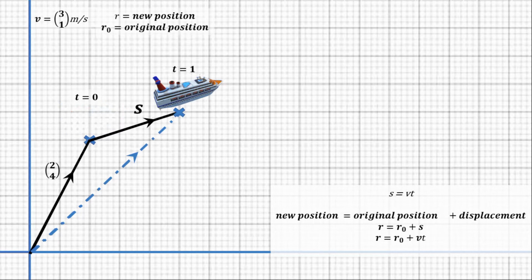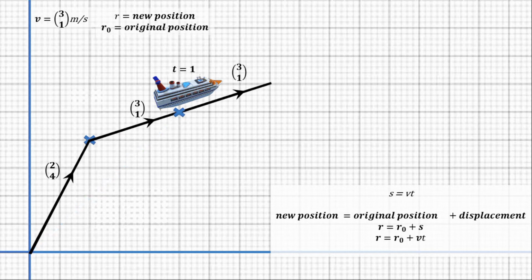So, if the original position vector was 2,4, when t equals 1, firstly the displacement is going to be velocity times 1, and my new position vector is going to be 2,4 plus 3,1, which gives us 5,5. So that's the position after 1 second. How about after 2 seconds?